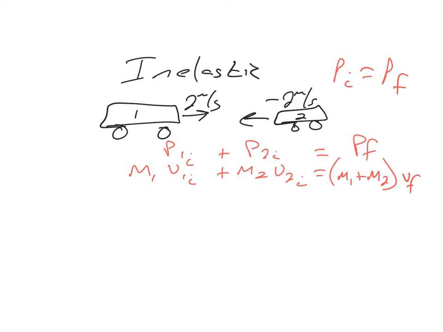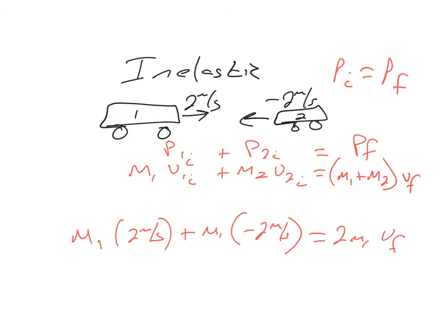So let's just call the masses mass. So I get mass 1, velocity of cart 1 initial is 2 meters per second. Mass of cart 2, we're just going to call that mass 2. And mass 2 and mass 1 are the same, so we're actually going to cheat and call that mass 1. And then that is going to be negative 2 meters per second. Mass 1 plus mass 2 is 2 mass 1 times VF, okay?